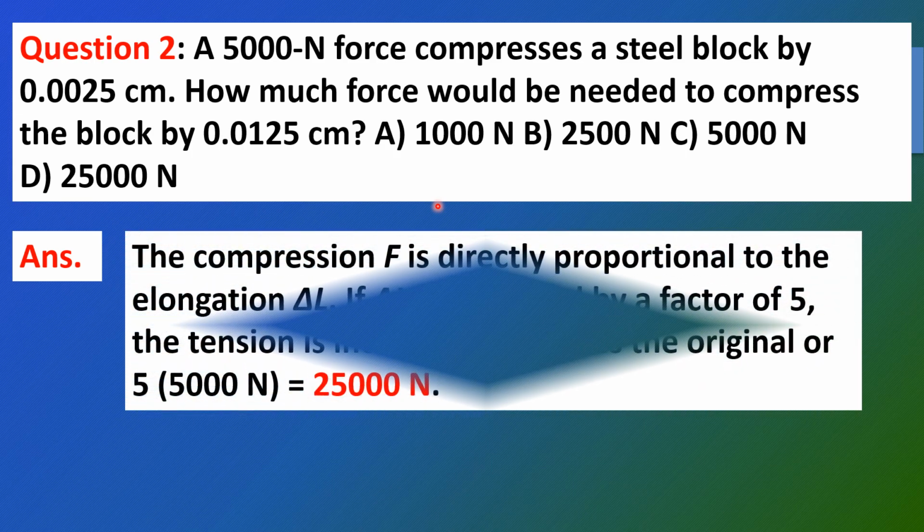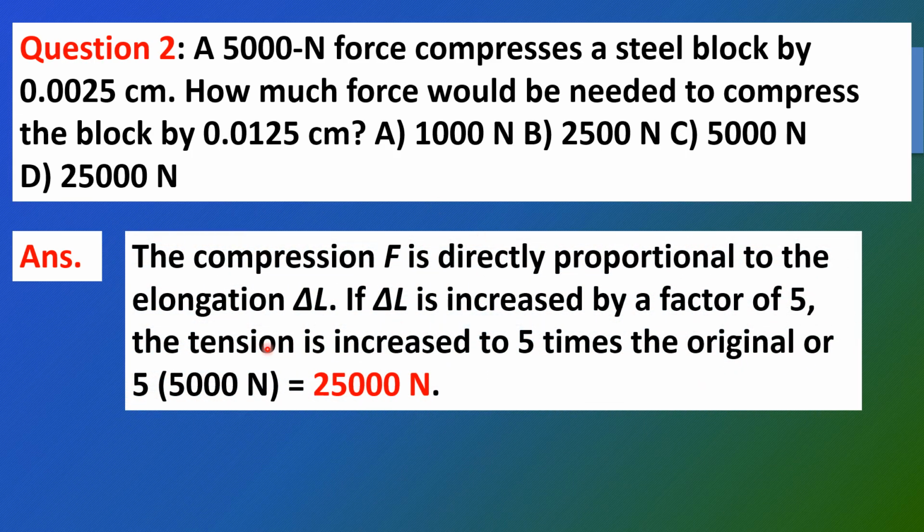So our answer and explanation: since the compression F is also directly proportional to the change in length or elongation delta L, if the delta L is increased by a factor of 5, why a factor of 5? Because from the original value of 0.0025 it will make it 0.0125 centimeters.